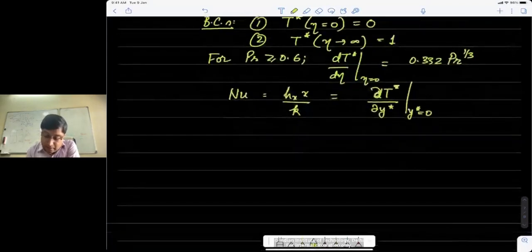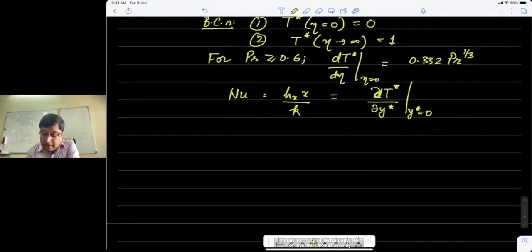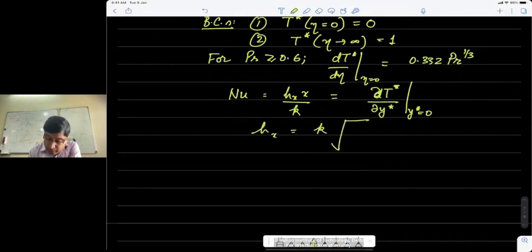Combining the value that dT star d eta at eta 0 is something, and dT star dy star is similar to dT star d eta, hx comes out to be k times square root of U infinity by nu x, sorry, the opposite in fact, into dT star d eta.